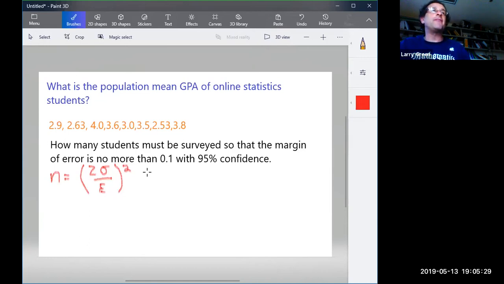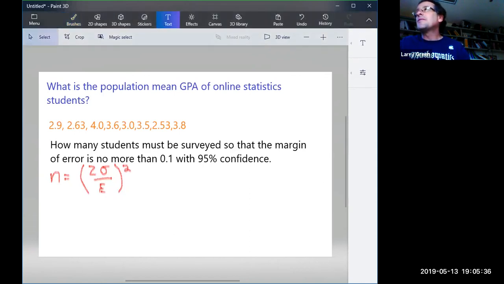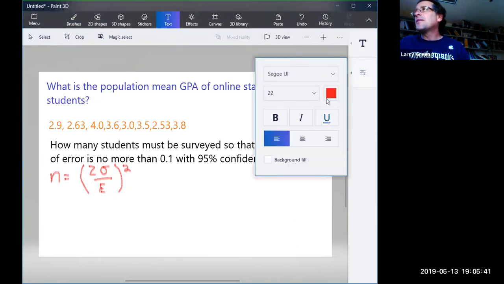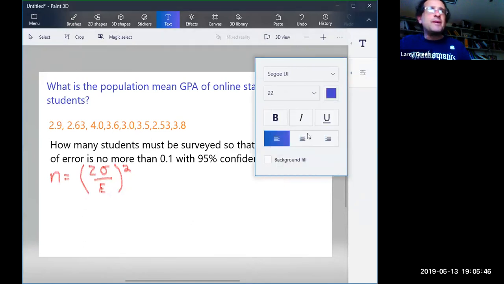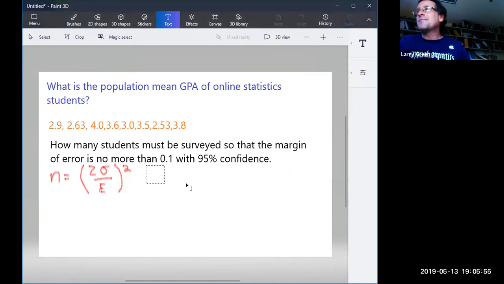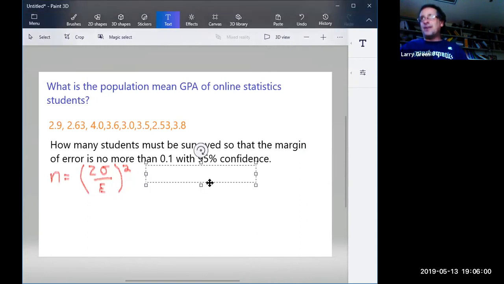So now we've got to figure out what all these numbers are. Let's do the easy ones first. E, what is E in this case? No, N is the sample number. What is E? Yeah, E is the error, and in this case, it's 0.1.